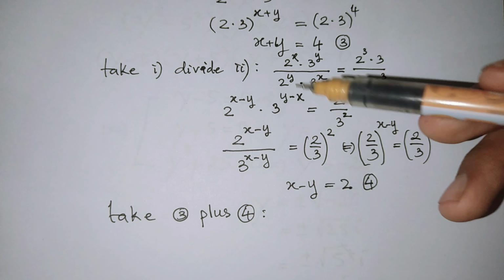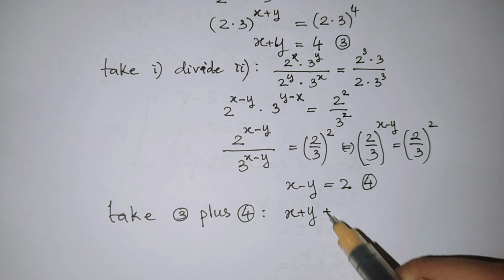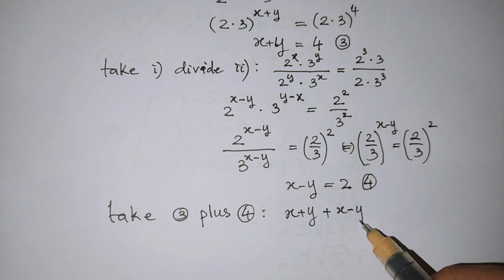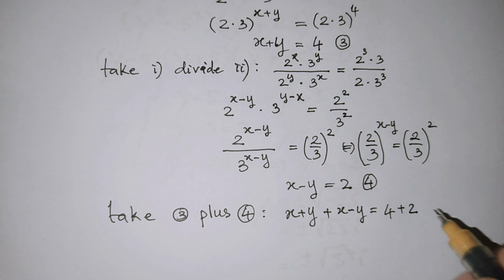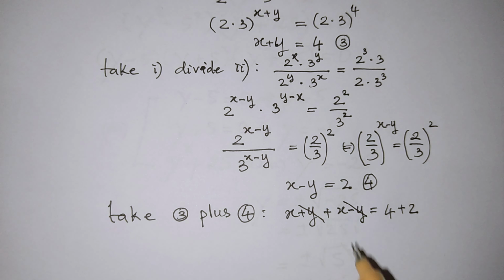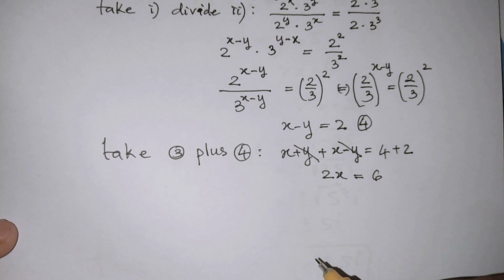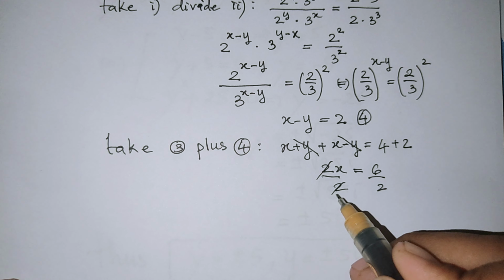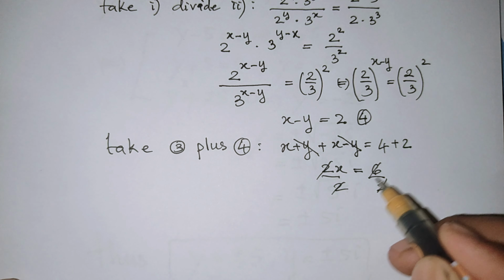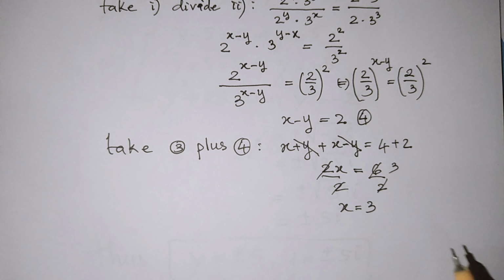So we get x plus y plus x minus y equals 4 plus 2. We can cancel y, and we get 2x equals 6. Then we divide both sides of this equation by 2, and we get 3. So we get x equals 3.